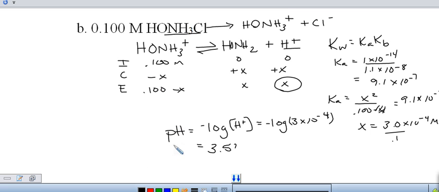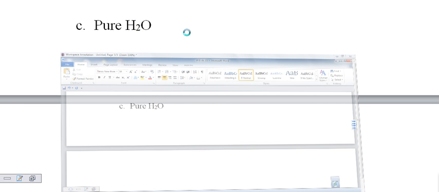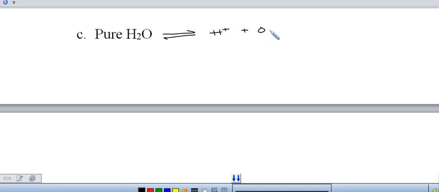Notice the difference in pH is quite great: in part A the pH was very basic, and in part B here the pH was much more acidic. Then in part C, it asks for the pH of pure water. That one you should be able to do pretty easily. Pure water, we know, is a very, very weak base and a very, very weak acid that breaks into H plus and OH minus.